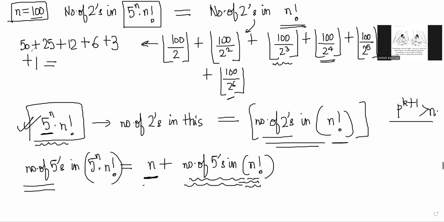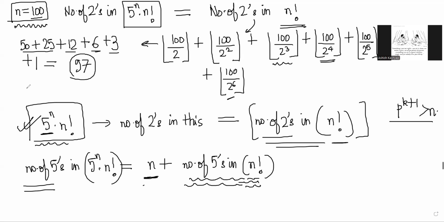So we are getting what? 75 plus 12, 87, plus 6, 93, plus 3, 96, 97. 97 twos will come in 5 power n into n factorial if n is 100, right?